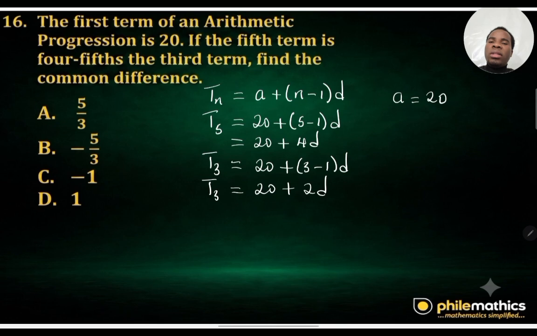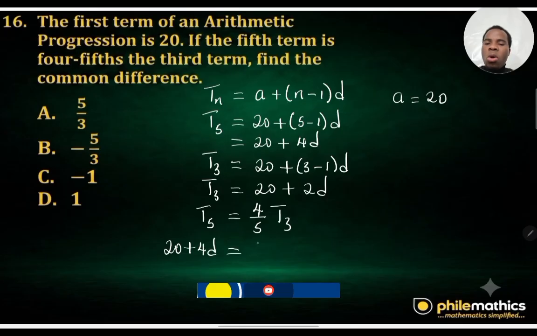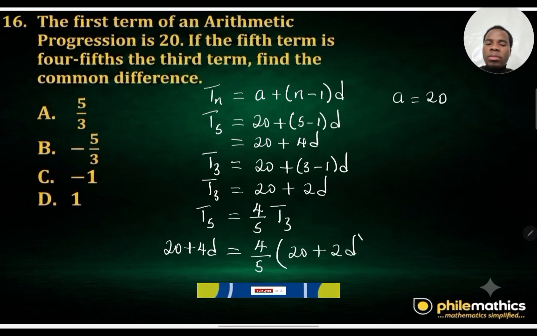Then we are told that the fifth term is 4/5 the third term. We've already gotten what the fifth term is and what the third term is. The fifth term we have gotten as 20 plus 4d will equal 4/5 the third term, 20 plus 2d.